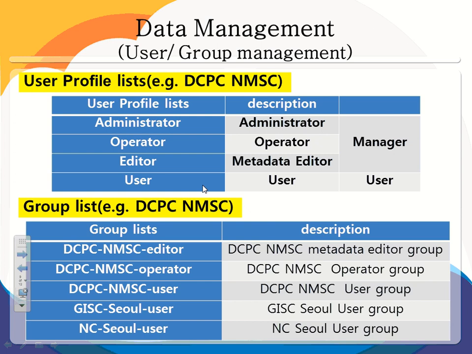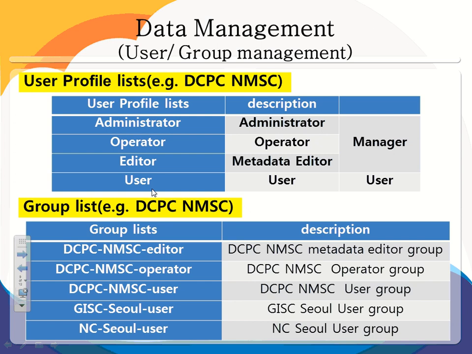This is the example of the GISC DCPC National Meteorological Satellite Center. We split the user profile list like that. There are four user profiles that KMA now has: administrator, operator, editor, and user.